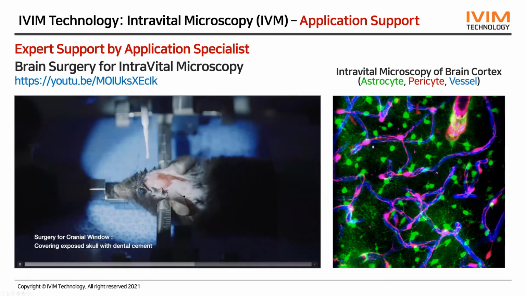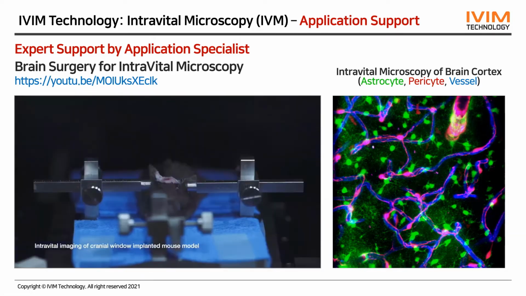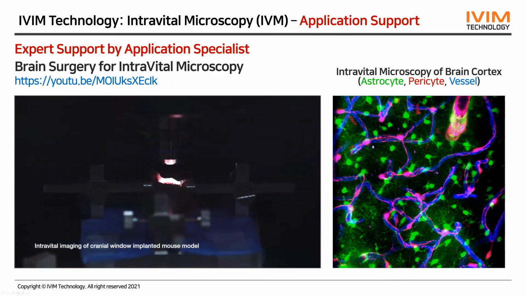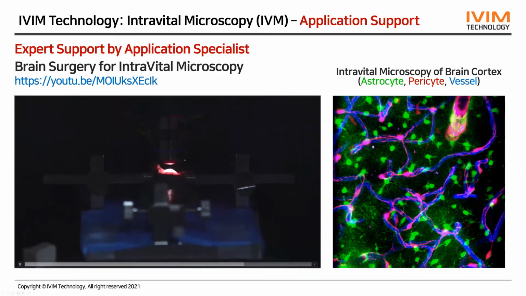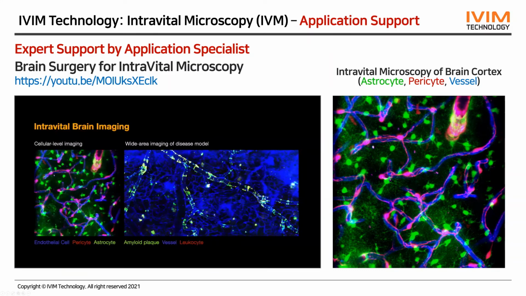After this setting, the mouse can be observed for more than several months. And this is real data we obtained from this setting, showing the astrocyte, pericyte, and blood vessel together.